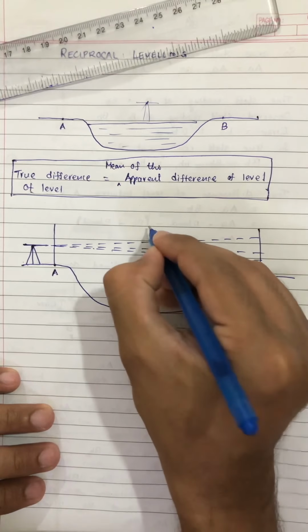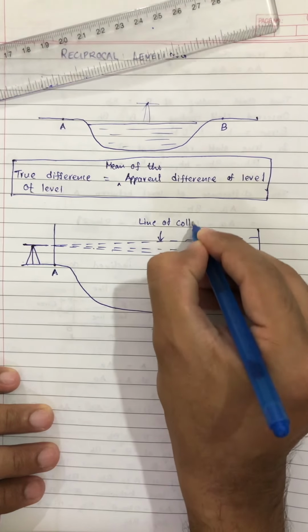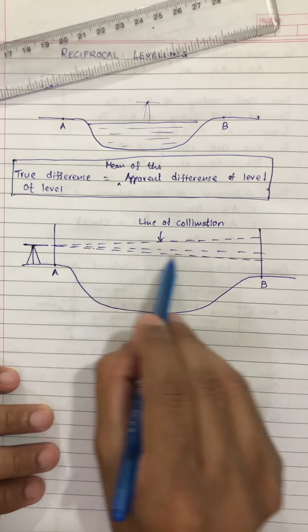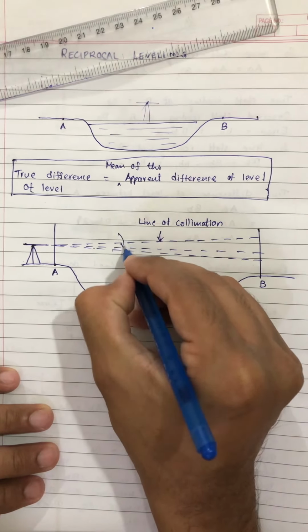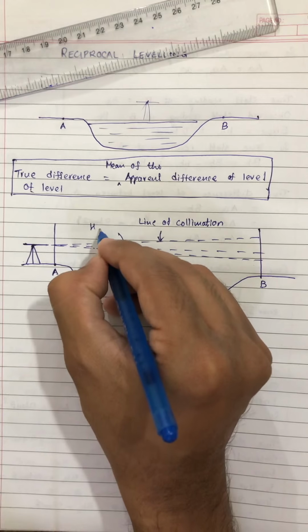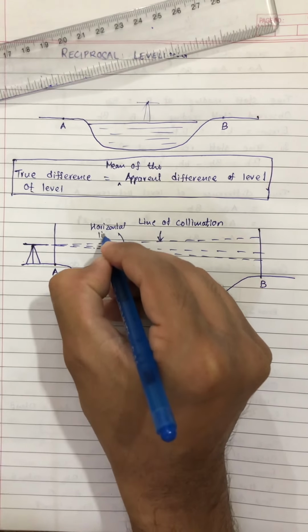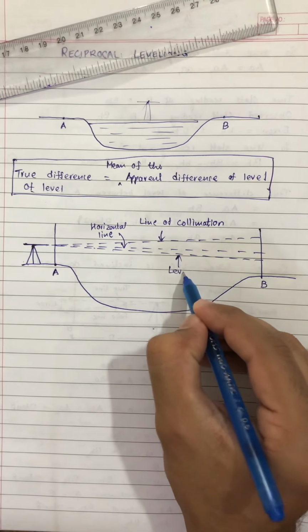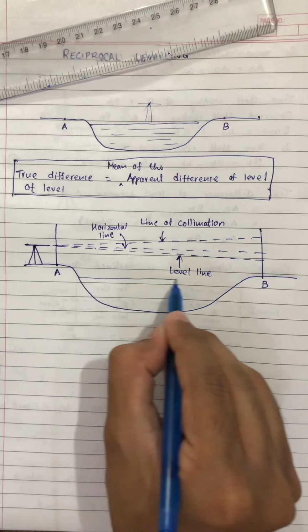So this line is the line of collimation. The middle line is the horizontal line, and the lower line is actually the level line. And this is the river.